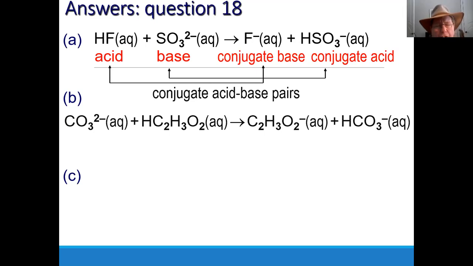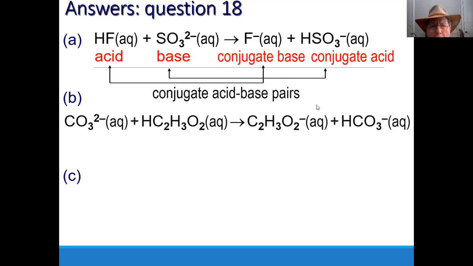Well, I'm trying to get you to identify the acid. Which one is the acid? Oh, the HC2H3O2. That is my acid. So what can accept a proton? Is it the base? Which specific thing? CO3 2 minus. Yeah, the CO3 2 minus can accept the proton.